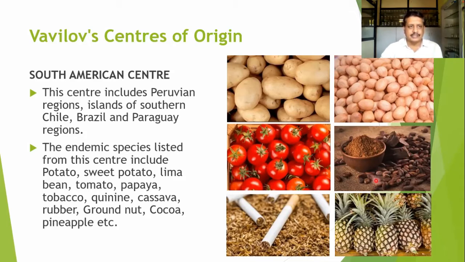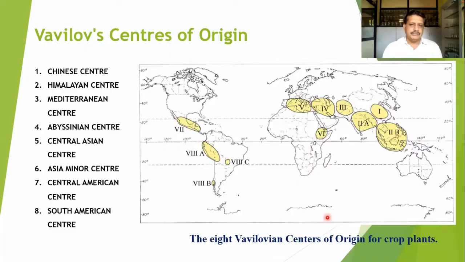So this is also originated from the Southern American center along with the pineapple also. So these are some of the common plants which are shown here as originated from the South American center of the origin. So these are the 8 basic centers of the origin which have been described by Vavilov.